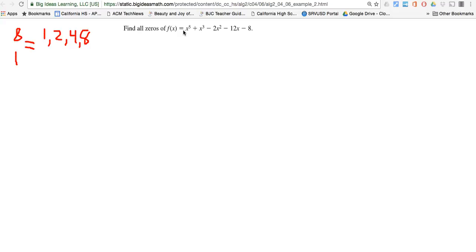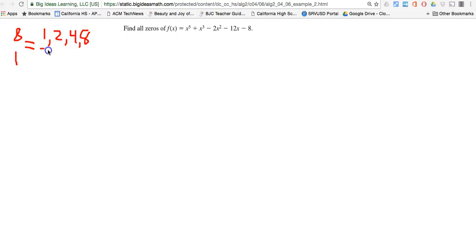So again, first step is to take all the factors of our constant, which we did right here, and take all the factors of our largest coefficient, which is just 1. The only factors of 1 are 1. What that means is that our possible zeros have to be one of these numbers.